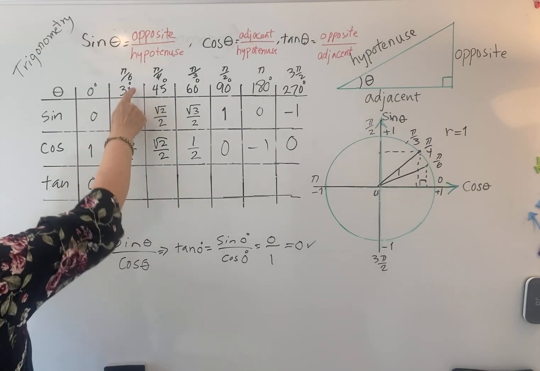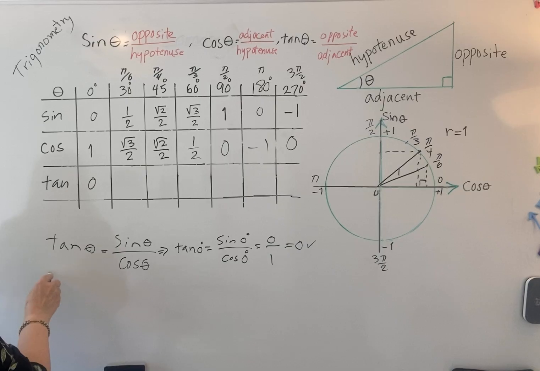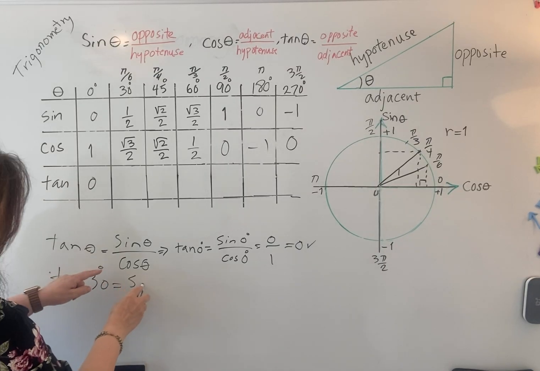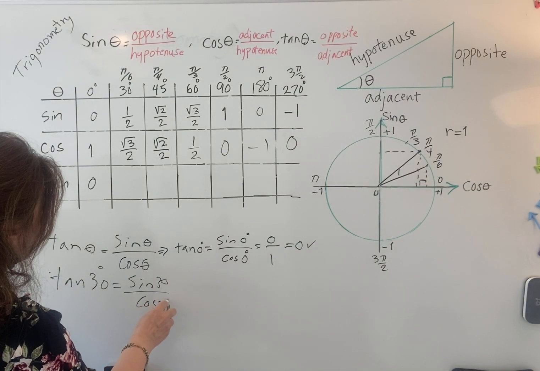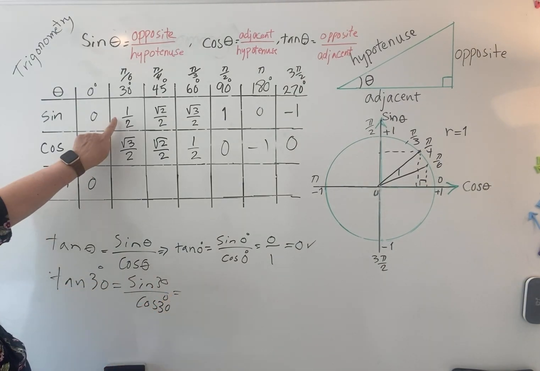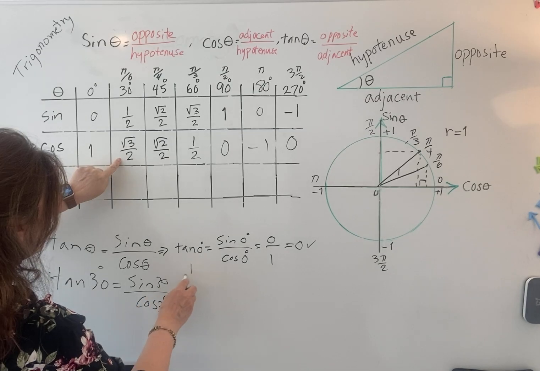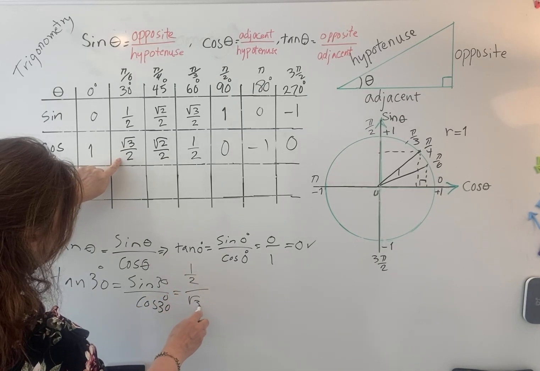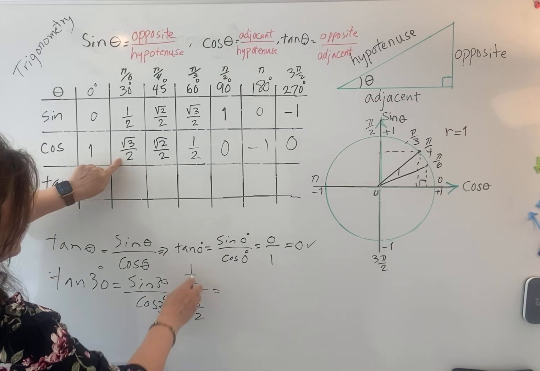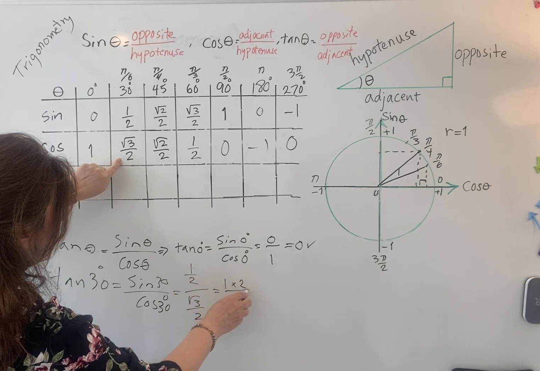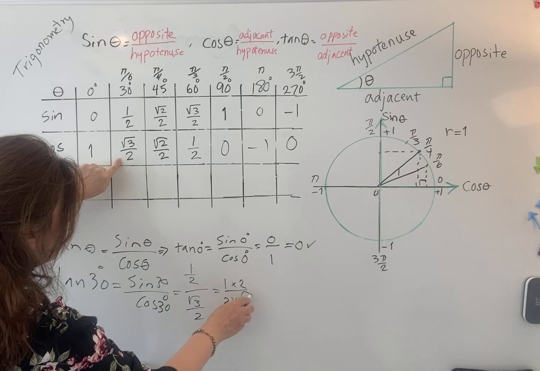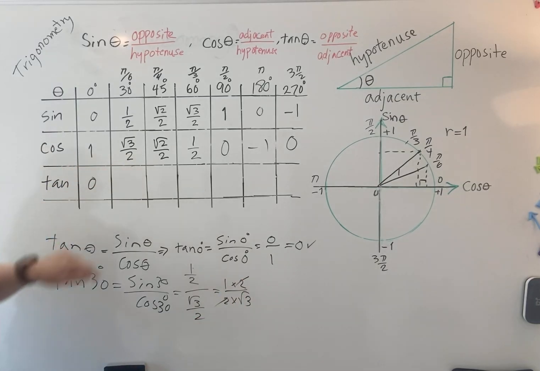How about tangent of 30 degrees? Tangent of 30 degrees is sine of 30 over cosine of 30. How much is it going to be? 1/2 over radical 3 over 2. You can simplify this: 1 times 2 over 2 times radical 3.